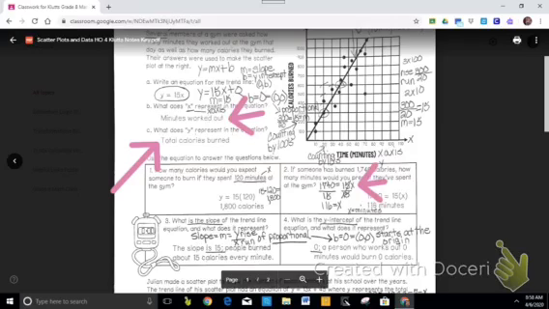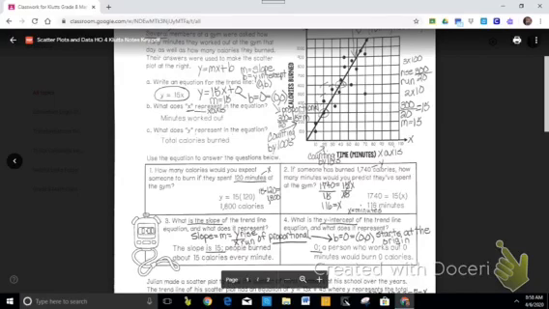The opposite of multiply by 15 would be divide by 15 on both sides. 1,740 divided by 15 is 116 equals x. X equals minutes, so my answer would be 116 minutes is what I'd predict they'd spend at the gym.